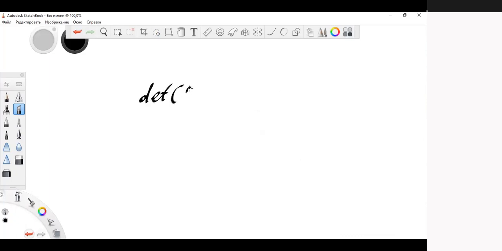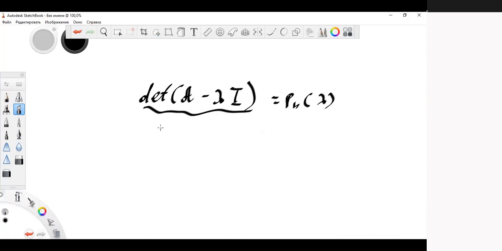If A is the matrix representation, lambda is a parameter, and I is the identity matrix, the invariant is the determinant. It is an nth degree polynomial if your operator acts in an n-dimensional space.